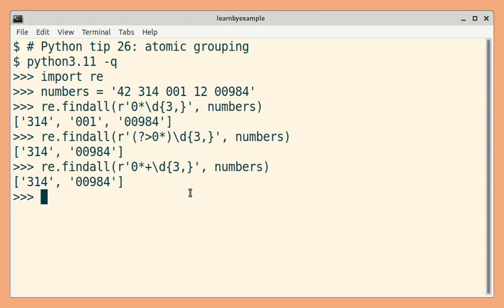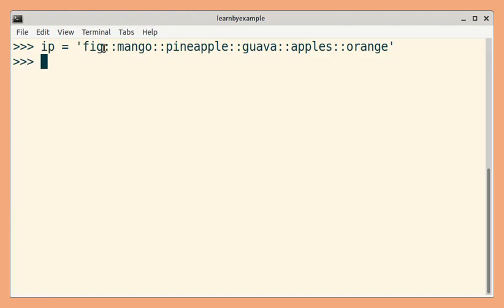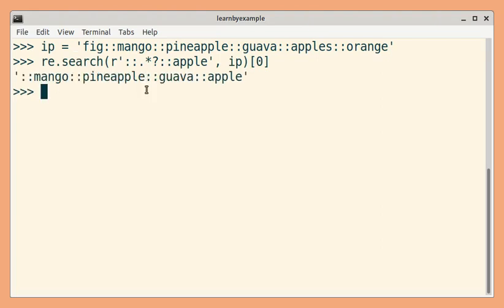Next, let us look at an example with a non-greedy quantifier. This string has fruit names separated by double colons. Our goal is to match apple along with the previous field. If we simply try to use a non-greedy quantifier, we will not get the desired output because, similar to the greedy quantifier, this particular portion will try to satisfy the overall regex pattern.